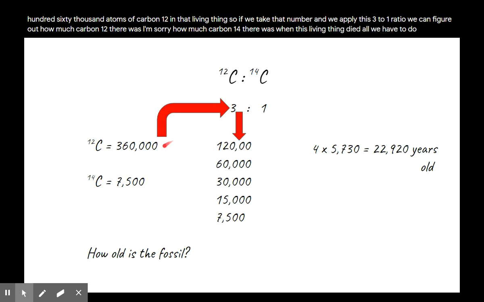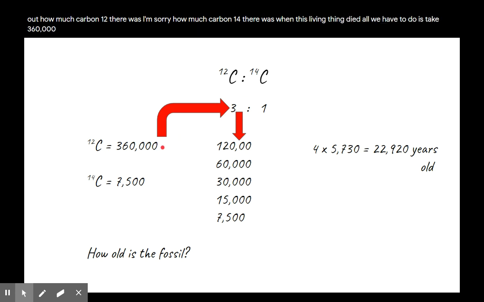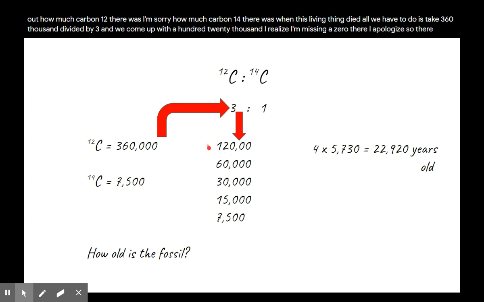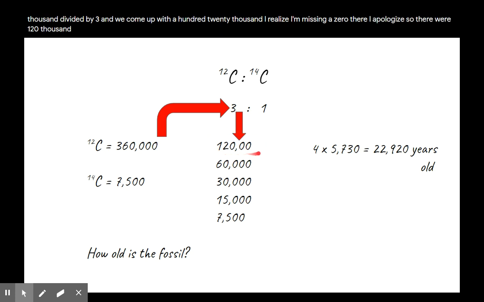All we have to do is take 360,000, divide by 3, and we come up with 120,000. I realize I'm missing a zero there. I apologize. So there were 120,000 atoms of carbon-14 in this living thing when it died.